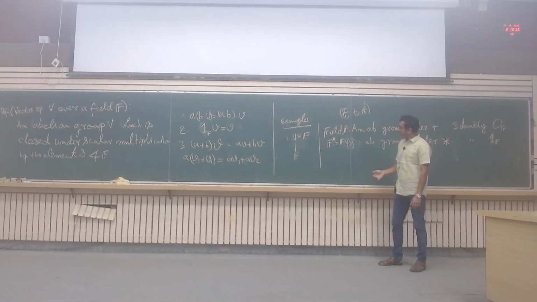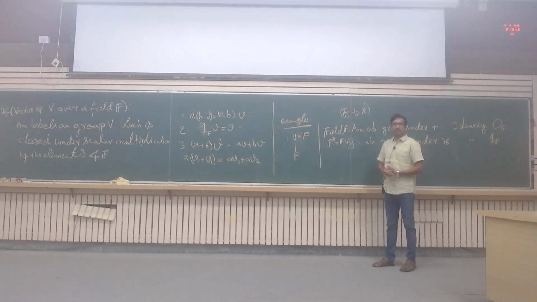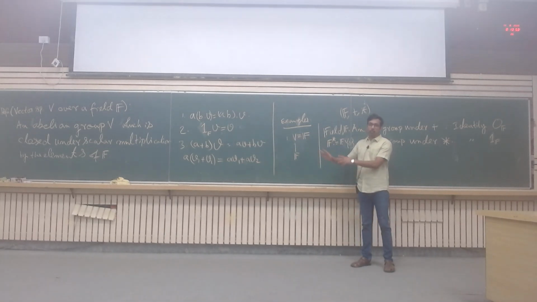All we care about is that it is closed under multiplication with F, and it is because F is closed under multiplication by elements from itself. So in particular, any field is a vector space over itself, be it R, be it C, be it some other more complicated field.